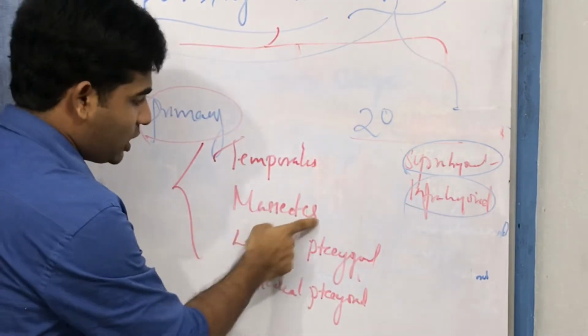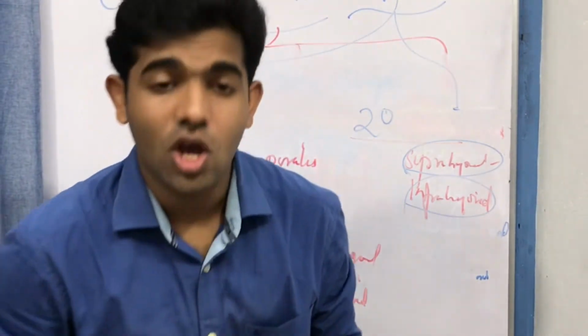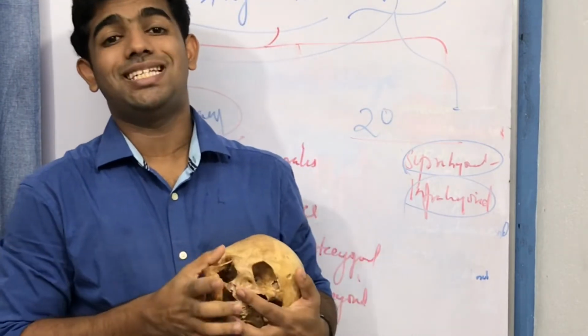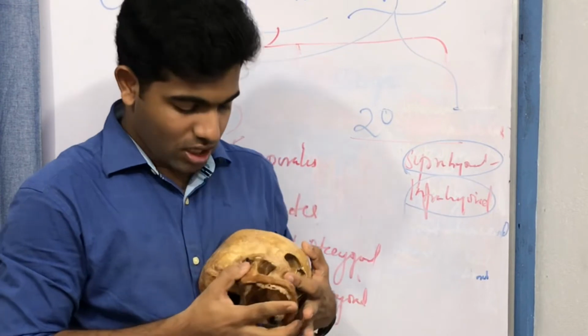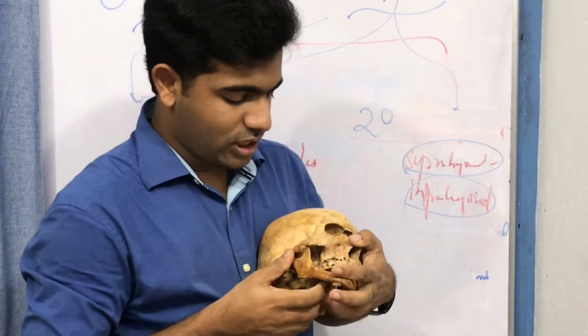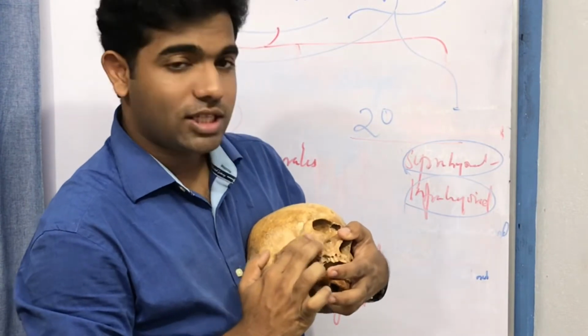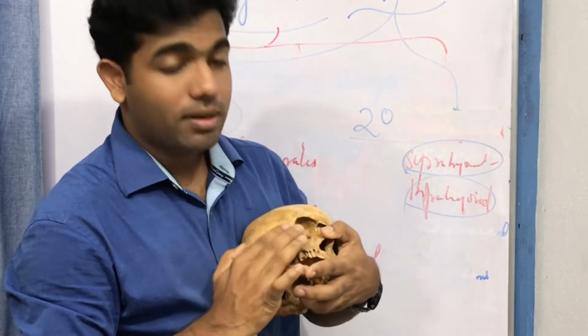The next one is the masseter muscle, which is a very strong muscle of mastication. The masseter muscle. Which is that muscle? So this one, where is it going to be attached? This one will be attached from the zygomatic bone. This bone over here is the zygomatic bone, not the maxilla, but the zygomatic bone.